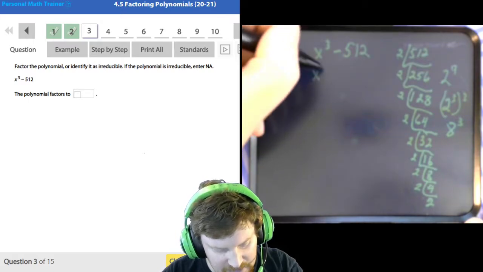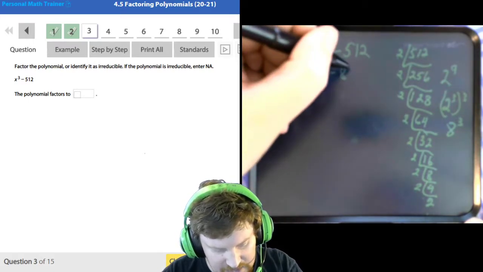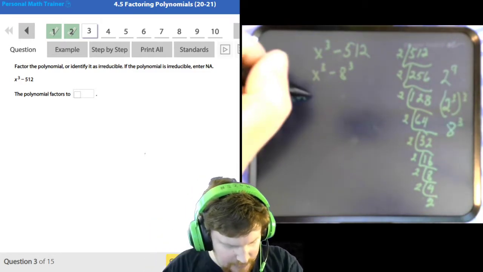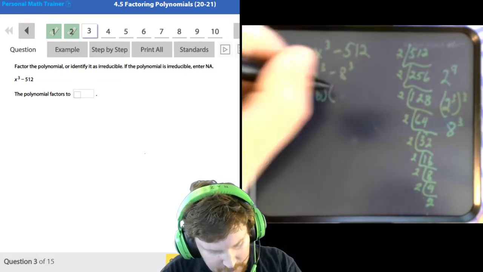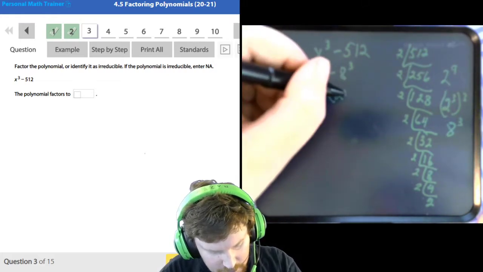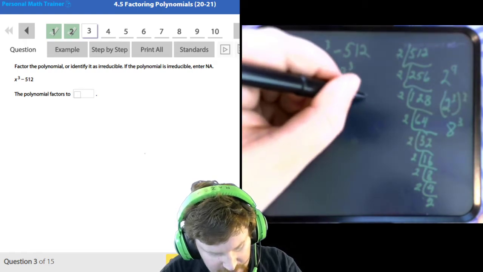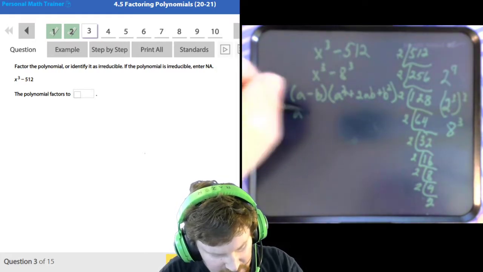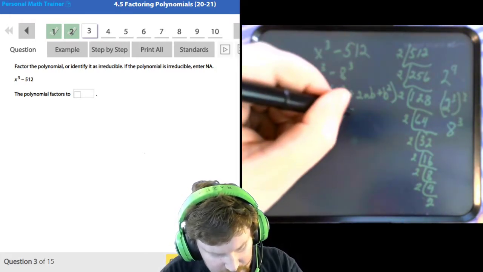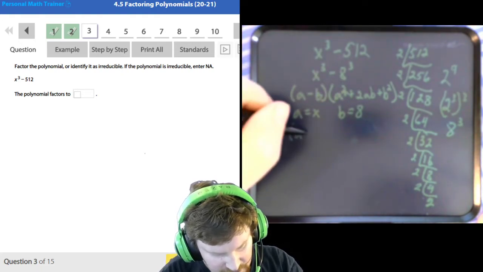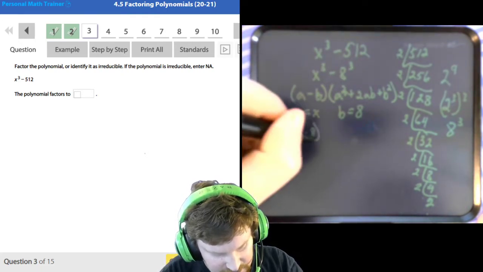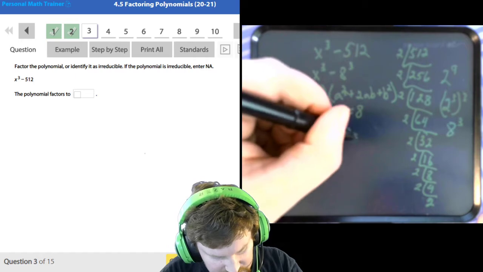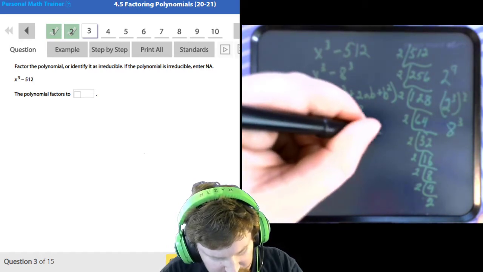That tells me I have x cubed minus 8 cubed, which means I can use my formula for difference of cubes, which is a minus b, a squared plus 2ab plus b squared. And in this case, a is x, b is 8. So I have x minus 8, x squared plus 2 times x times 8 plus 8 squared.